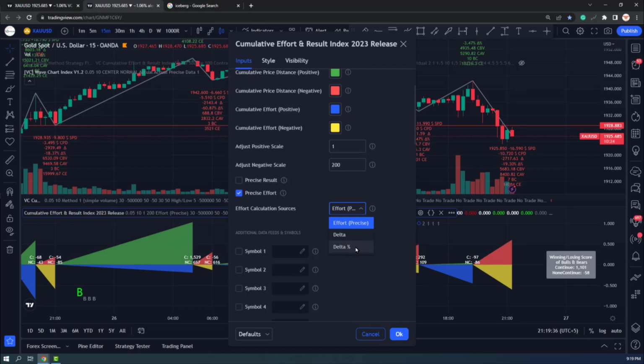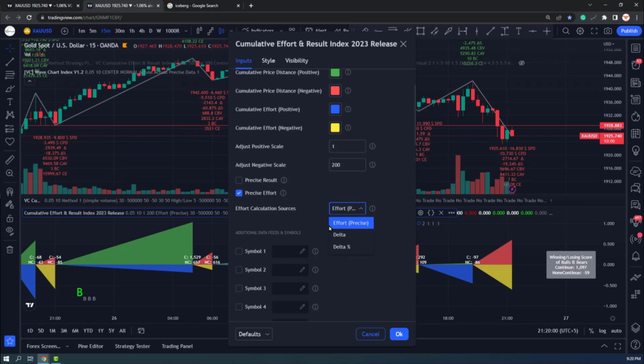I highly recommend using precise effort, the first option. It is your preference. You can use delta or delta percentage, but the results with precise effort are more accurate and more reliable.